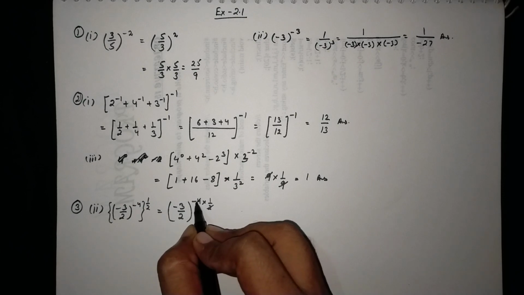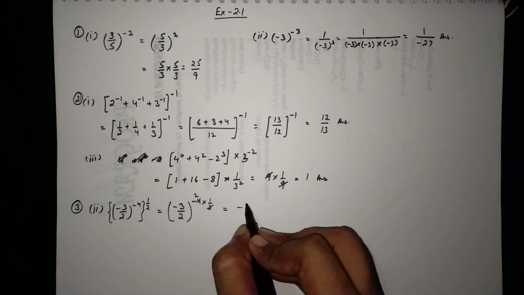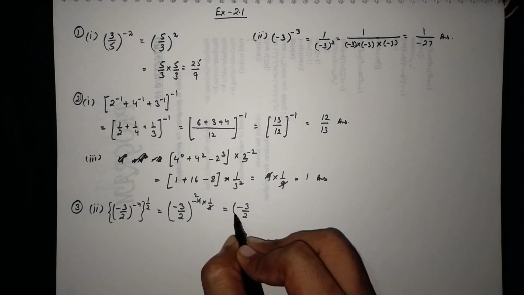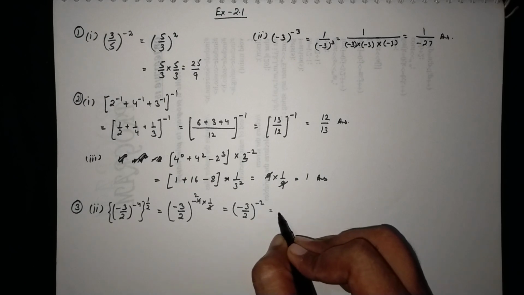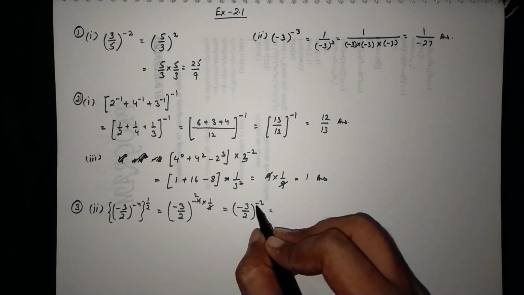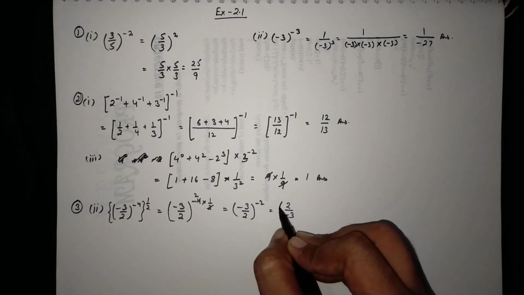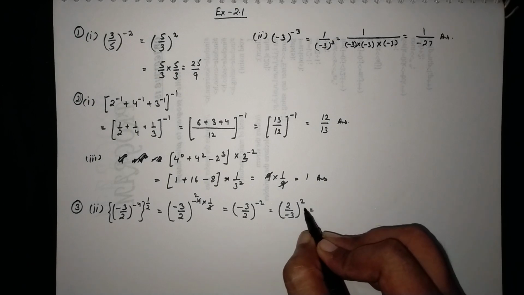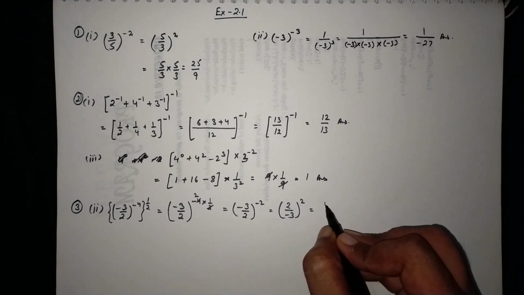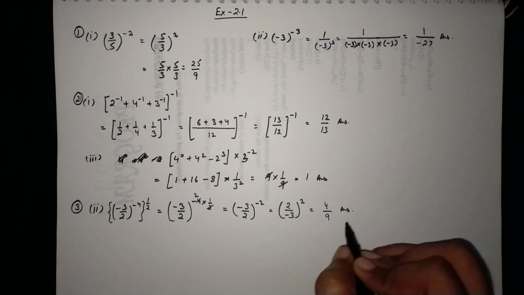We can solve this, we get minus 3 upon 2 whole to the power minus 2, and that will be equal to, after taking the reciprocal because of this minus sign, 2 upon minus 3 whole to the power 2, and finally making the square of both of the numbers, 4 upon 9 as your answer.